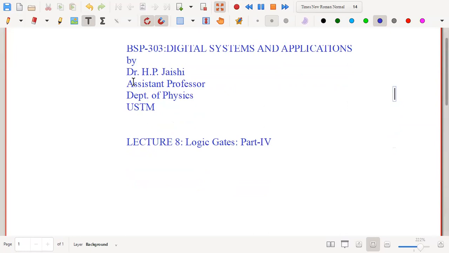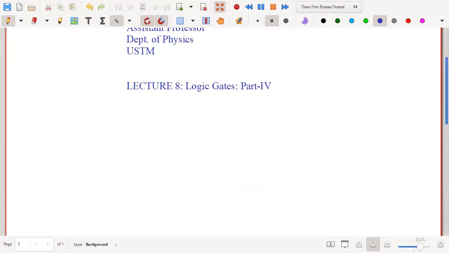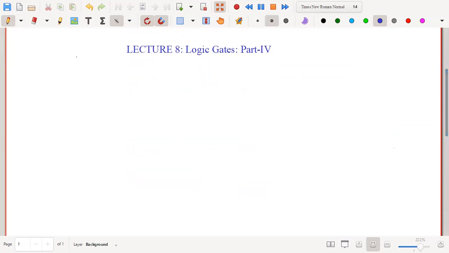So we will continue our discussion on the NOR gate first.